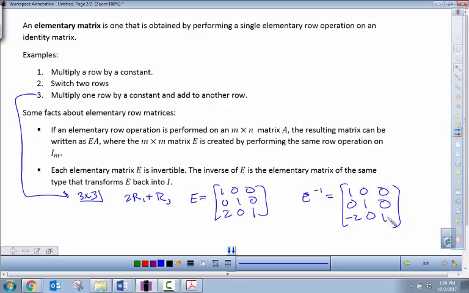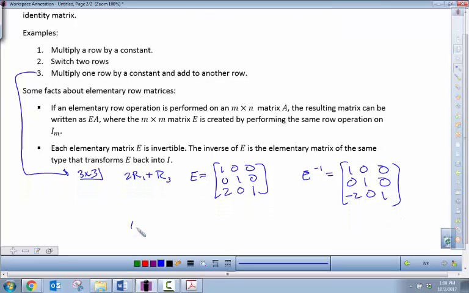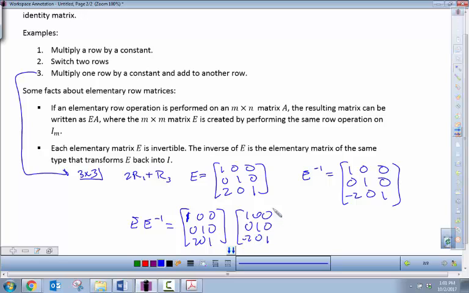And what you can do is you can multiply these two matrices to see that you are in fact going to get the identity matrix. So E multiplied with E inverse: 1, 0, 0, 0, 1, 0, 2, 0, 1, multiplied with 1, 0, 0, 0, 1, 0, negative 2, 0, 1.